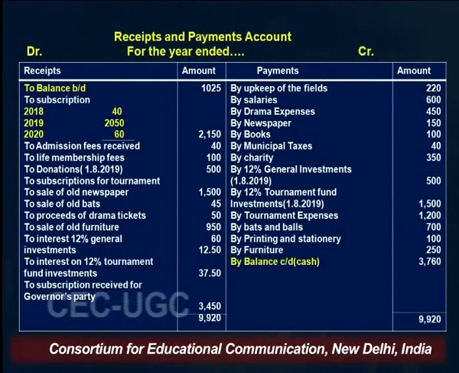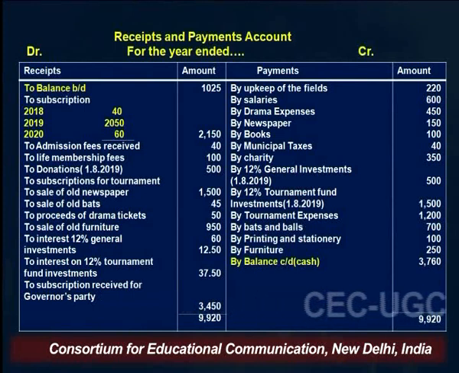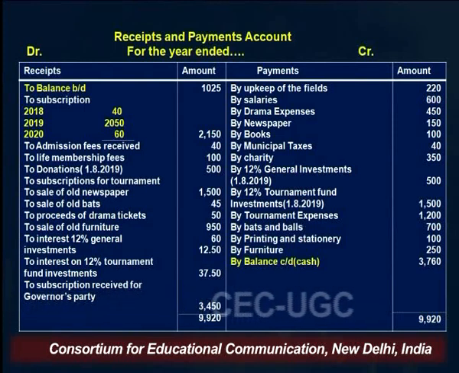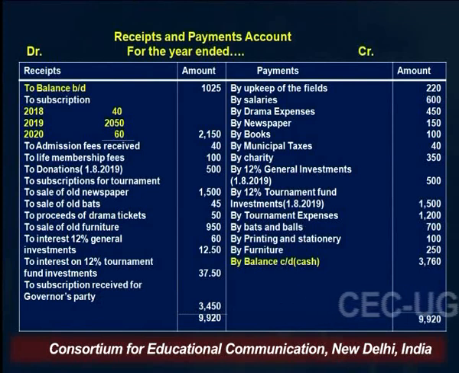The next item is admission fees received. This is income. Life membership fees. We already talked about all these items in detail in our previous lecture, whether to treat them as capital nature or revenue nature. But this doesn't matter while preparing the receipt and payment account.